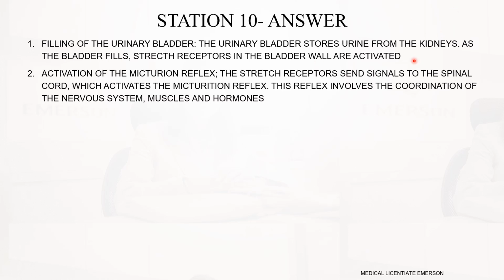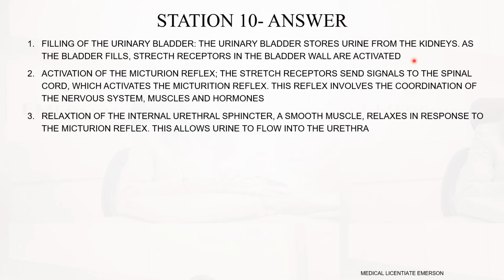Then step 2, which is activation of the micturition reflex. So the stretch receptors, after of course they are activated, send signals to the spinal cord, which activates the micturition reflex. Then this reflex involves the coordination of the nervous system, the muscles, and hormones.